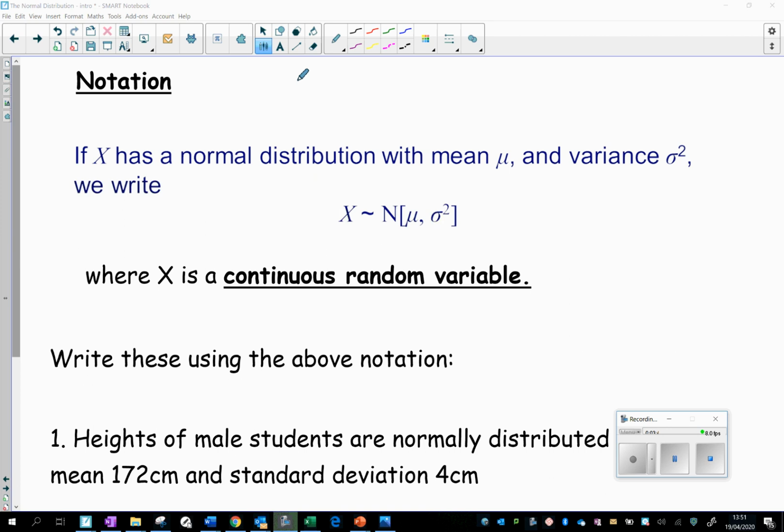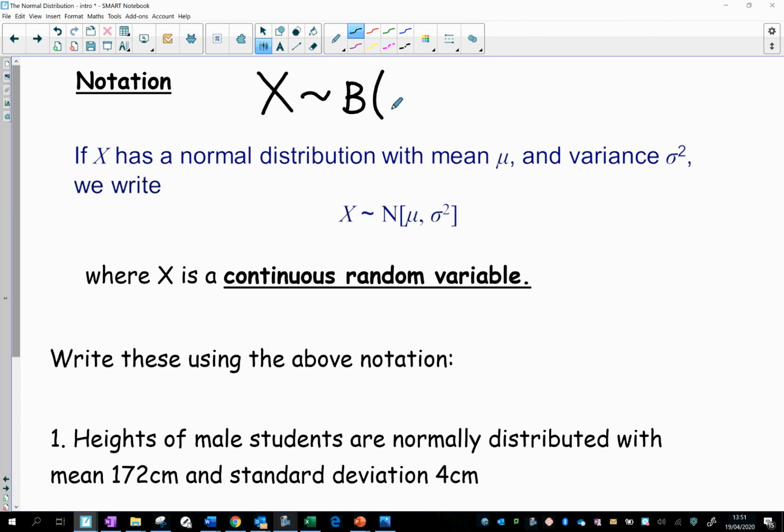A little bit about the notation for the normal distribution. Remember, for the binomial distribution, where X has a binomial distribution, we used to write X, wiggle, and then B for binomial, and then the two parameters for the binomial were n and p. So you could have something like X has a binomial distribution where n is 30 and p is 0.2. For the normal distribution, we don't use n and p.